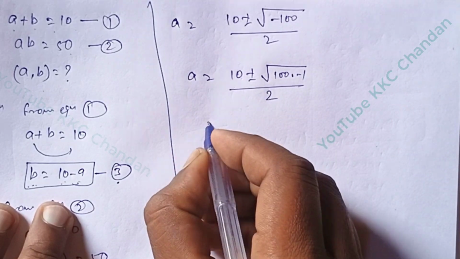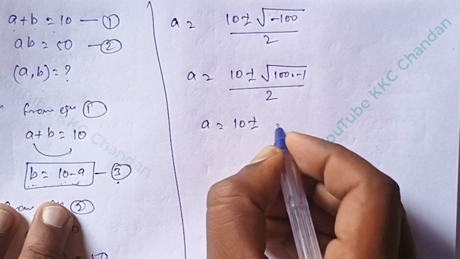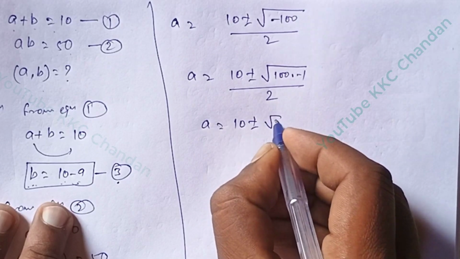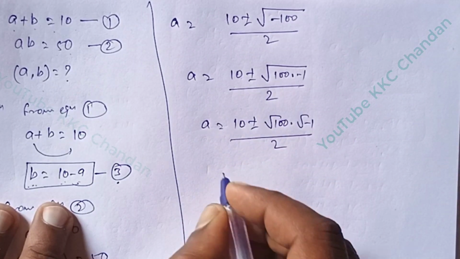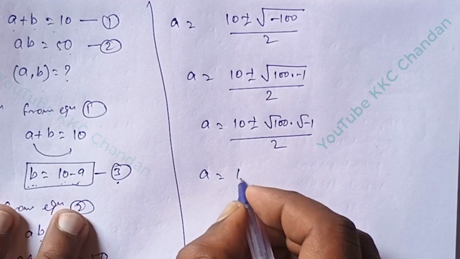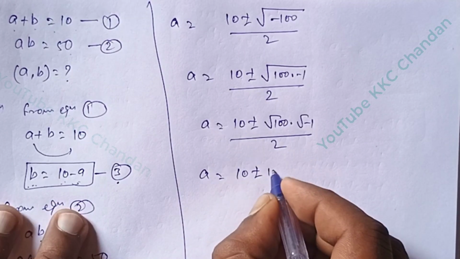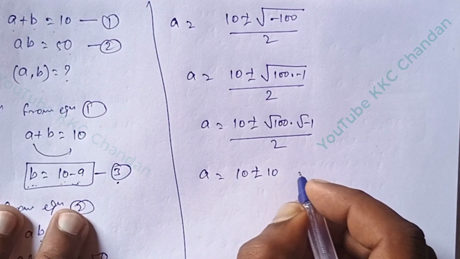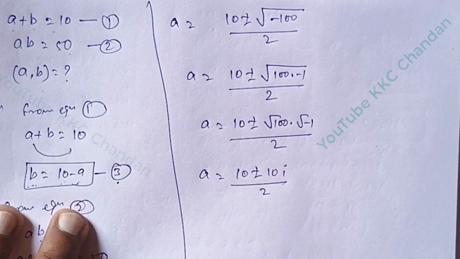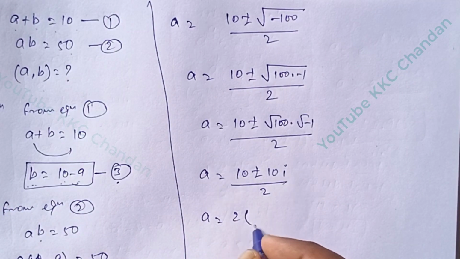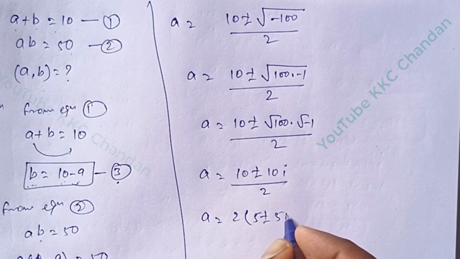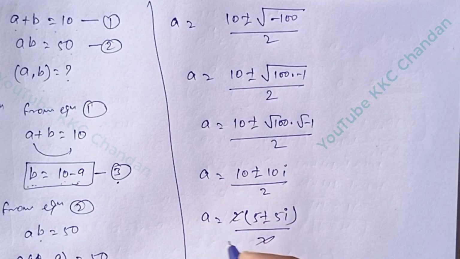Next step, separate it: a is equal to 10 plus minus root under 100 into root under minus 1, divided by 2. Therefore a is equal to 10 plus minus 10, root under minus 1 value i, divided by 2. Take common 2: 5 plus minus 5i divided by 2, 2 cancel.